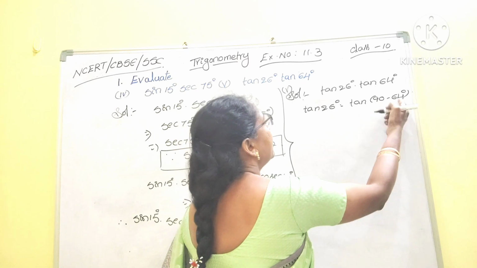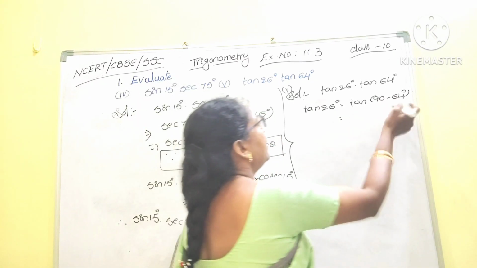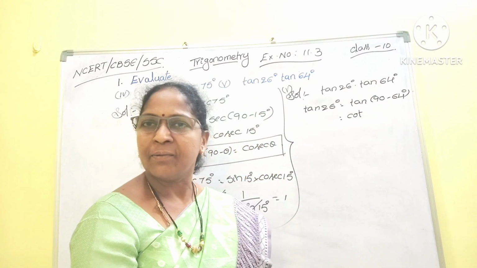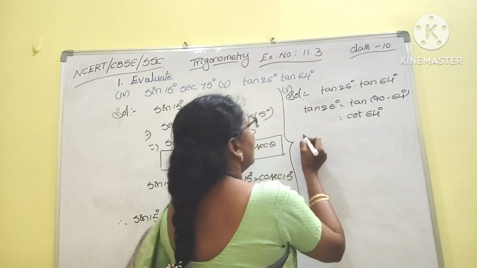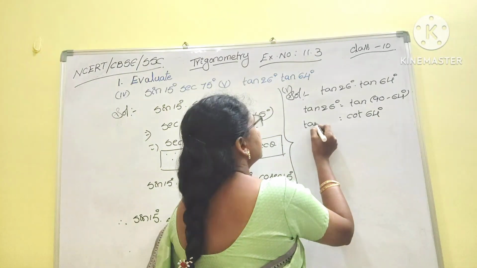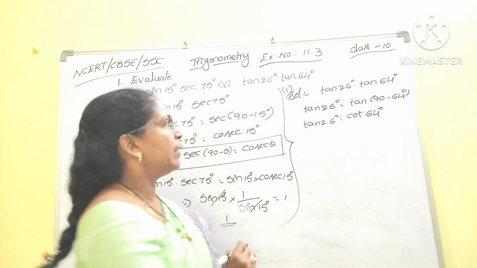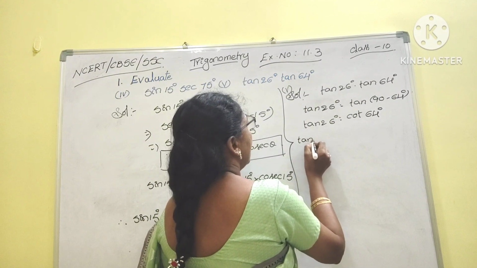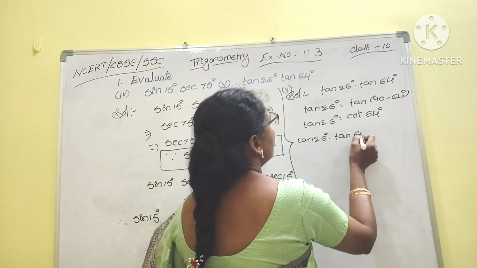So, tan 90 minus theta. Now, apply the complementary angles. Tan 90 minus theta equals cot theta, where theta equals 64 degrees. Now, we got tan 26 degrees equals cot 64 degrees. The given question is tan 26 degrees into tan 64 degrees.